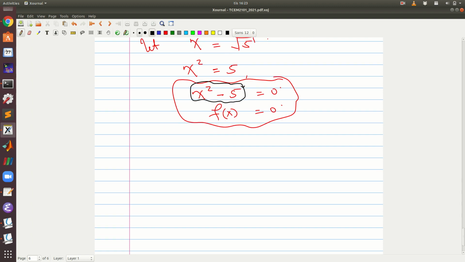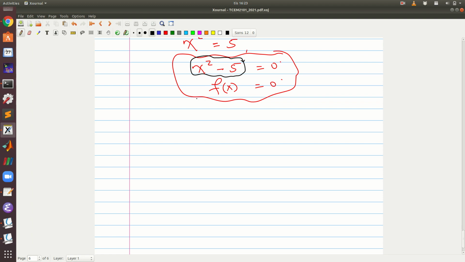So we can use the Newton-Raphson method. We can start with an initial guess. Okay, before we start with an initial guess, what does the Newton-Raphson method tell us? That if we want to get the root, we shall get xn minus f of xn divided by the derivative. So we have f of x.